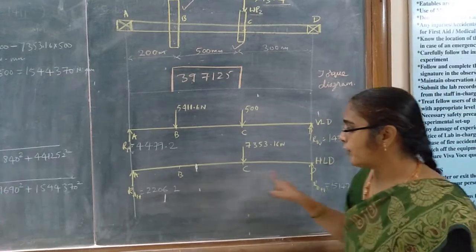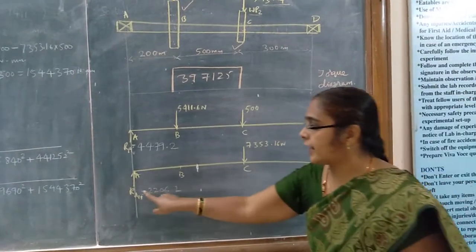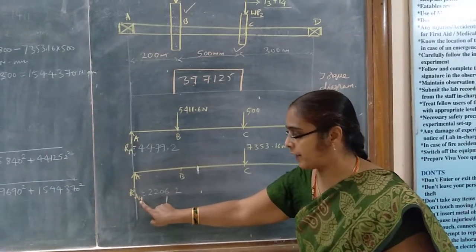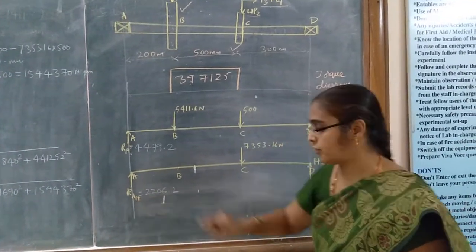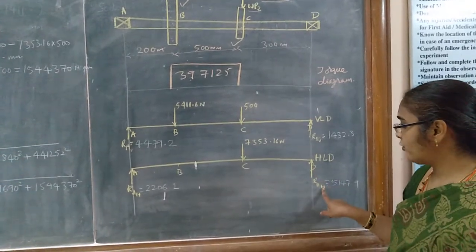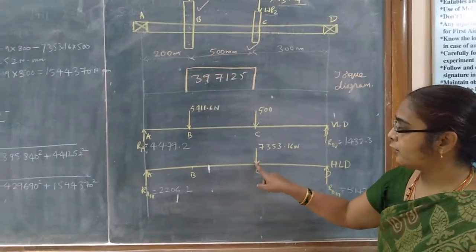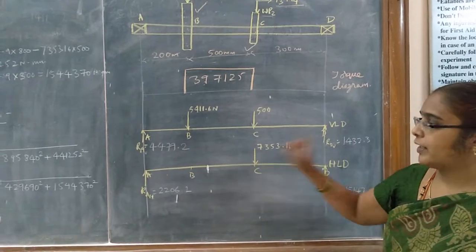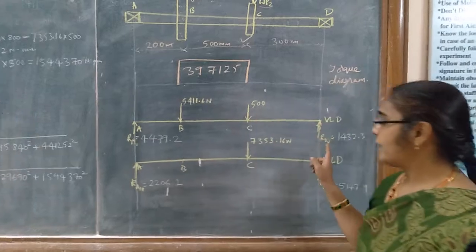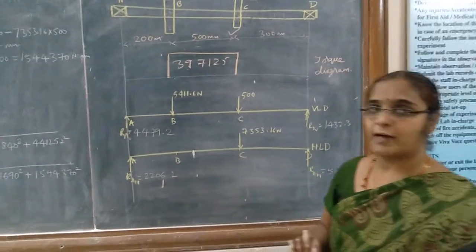Similarly, in the horizontal load diagram, the reaction force at A is RAH, with the suffix H since it is the horizontal diagram. RDH is the reaction at D in the horizontal load diagram, and the only horizontal load acting is at C, shown with its magnitude. Let us find these RAV, RDV, RAH and RDH values now.